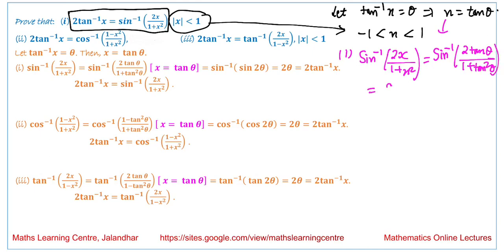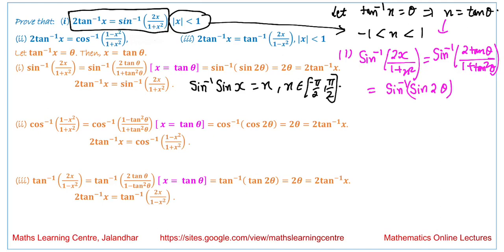This is equal to sine inverse of sine of 2 theta. Now look at this formula: sine inverse of sine of x is equal to x if x belongs to the interval minus pi by 2 to pi by 2. This formula we have already proved.